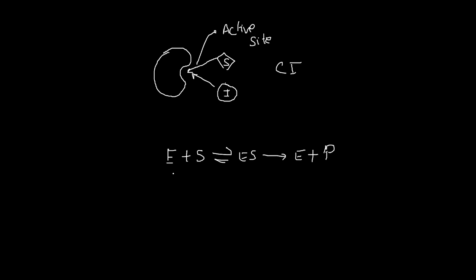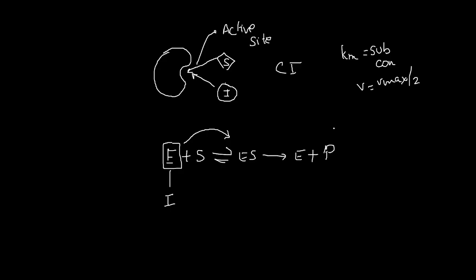The inhibitor is binding to the same site where the substrate is binding. So what will happen is this enzyme will require more substrate concentration to move it forward, right? And Km is the substrate concentration at which V is equal to Vmax by half.